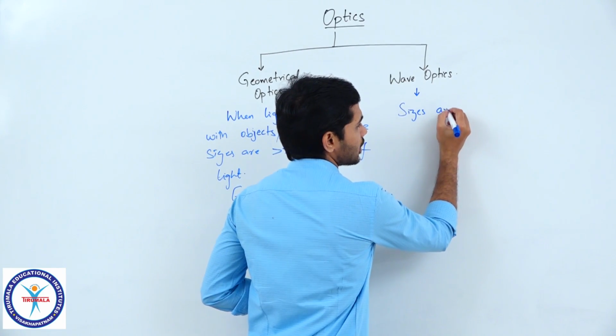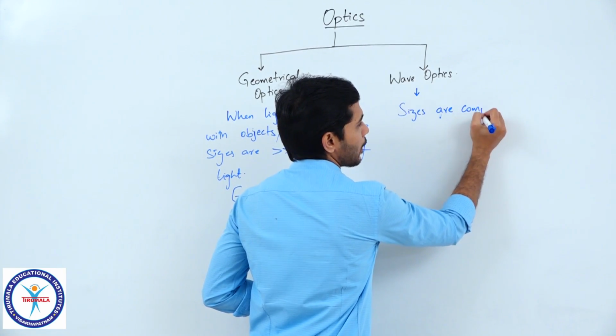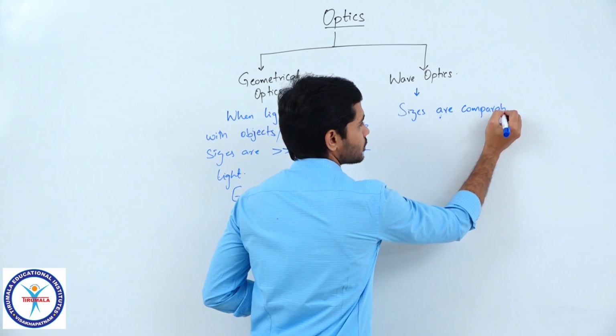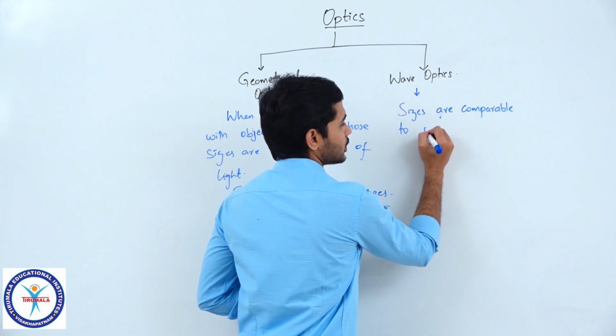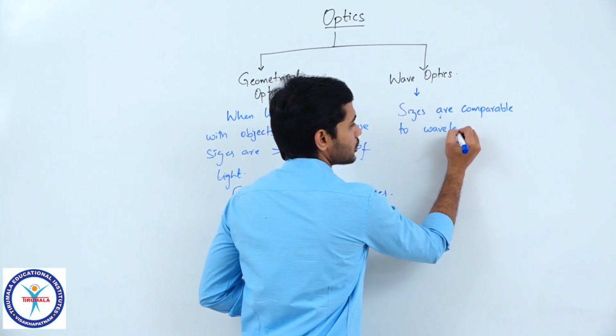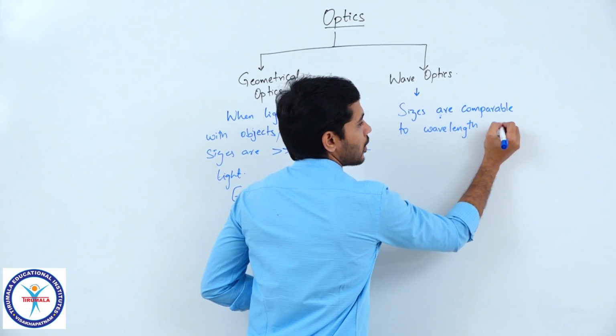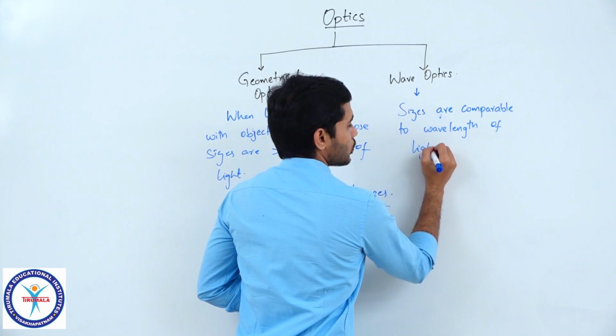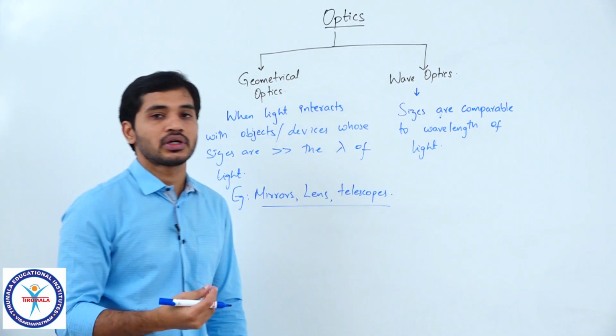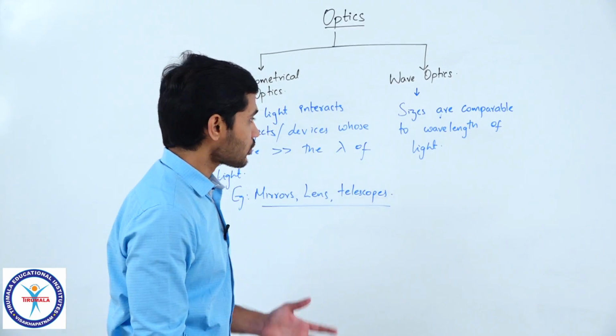So, sizes are comparable to the wavelength of light. That is the basic difference between how we analyze light.